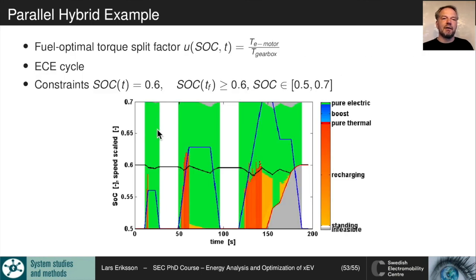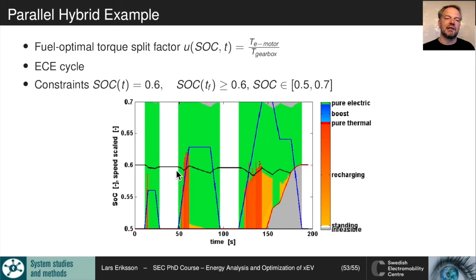And you have a parallel hybrid example here, where you can see the operation presented in a slightly different way. Here, we're starting at 60% and we're supposed to end up at 60%. But as you can see here, this is a region where we cannot jump from this point and get all the way up here. So here you see how we use the electricity to go up and take this first bump.